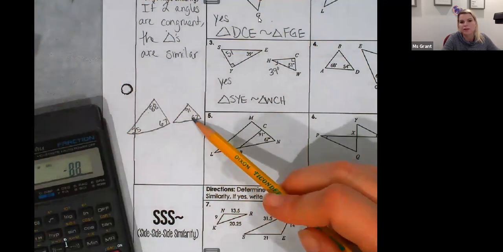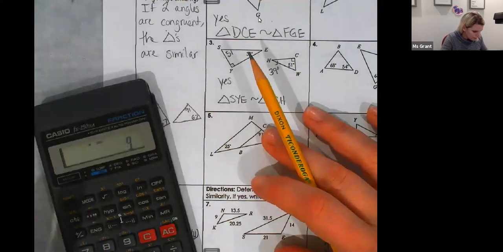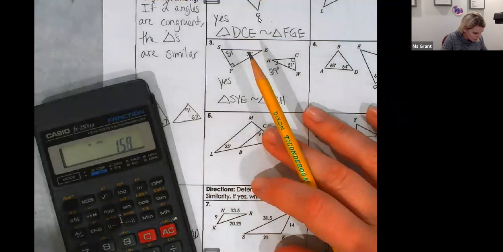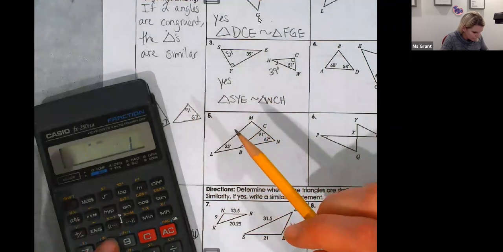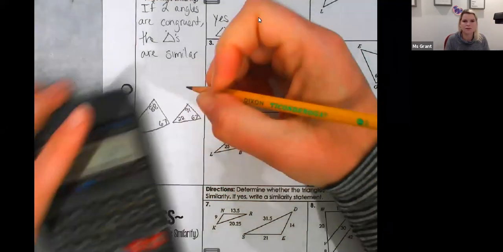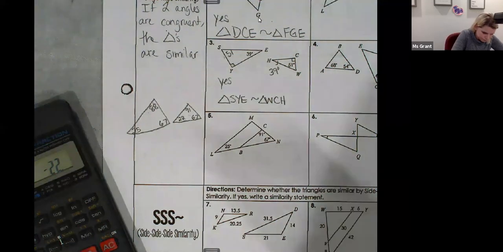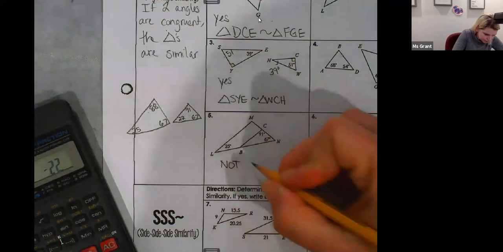Let's check this triangle, this small triangle, 91 and 67. Let's see what's missing. 91 plus 67 minus 180, 22. Those, no, only one of the angles is congruent. That's not good enough. Not similar.